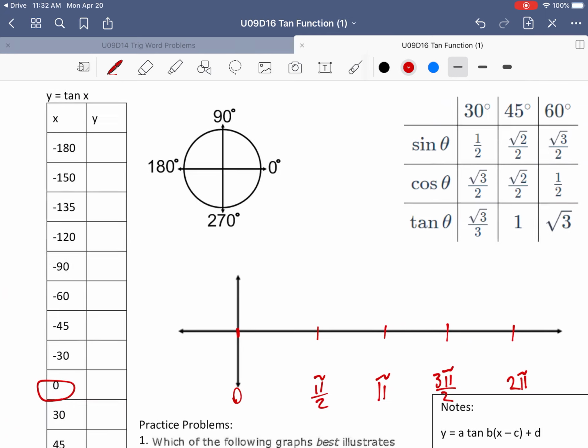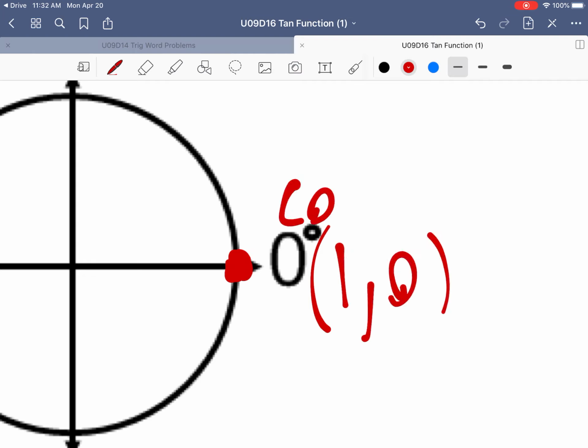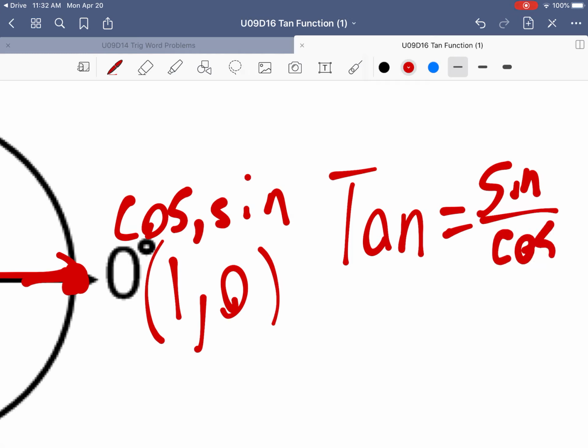Let's see what happens. So the tangent of 0 degrees can be found by looking at this coordinate, which is the point 1, 0. And don't forget that that is cosine, sine. That is our angle. And the tangent is equal to the sine over the cosine.